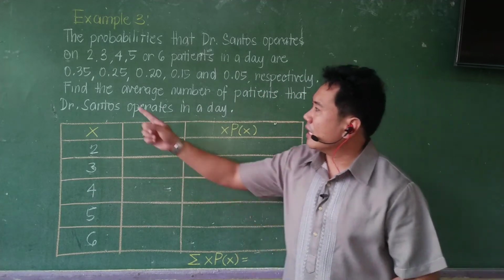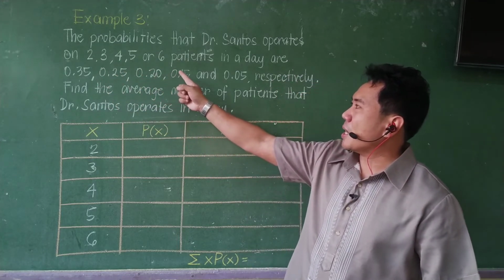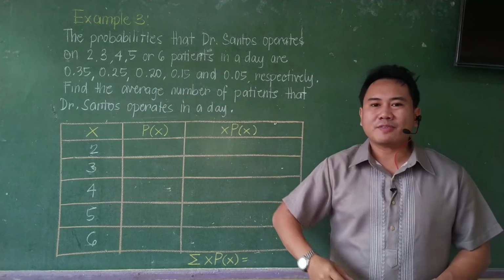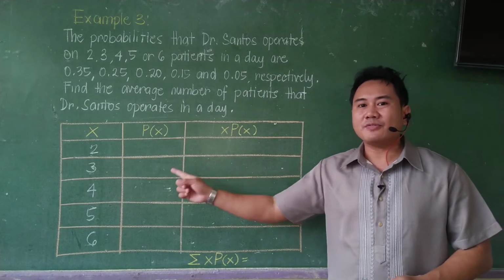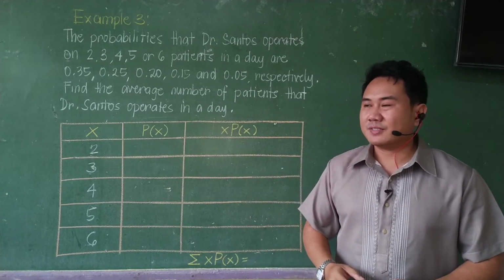Next, 0.35, 0.25, 0.20, 0.15, and 0.05 are the probabilities of these x values. We're going to write them here respectively.